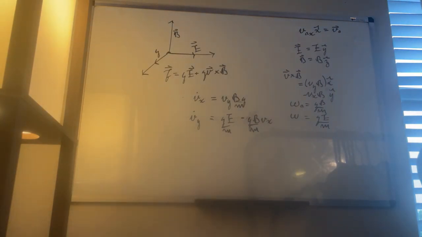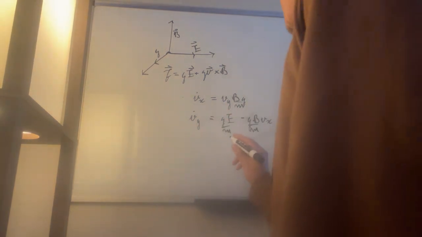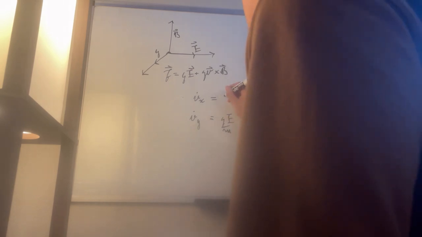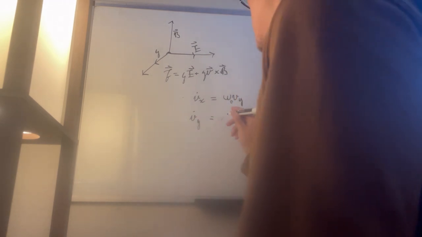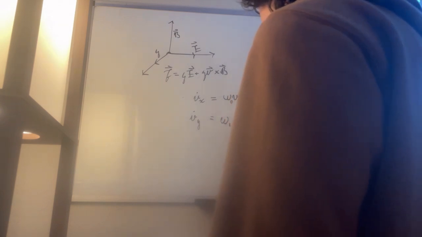So rewriting this equation, what we're going to get is omega naught Vy, and then this is going to be omega 1 minus omega naught Vx.